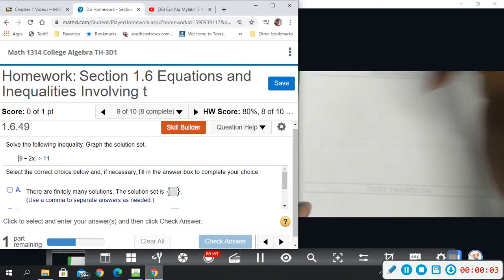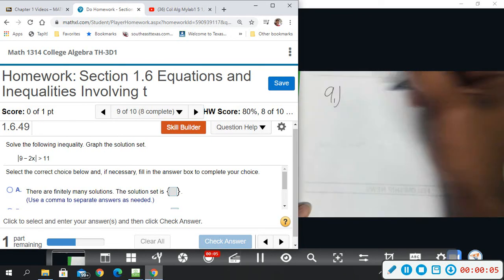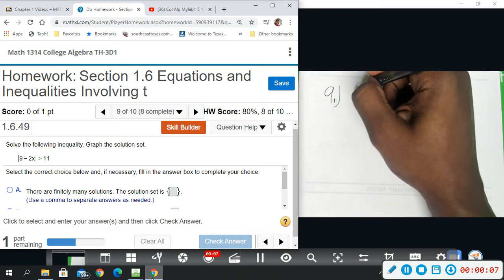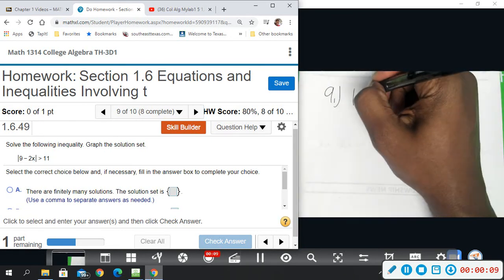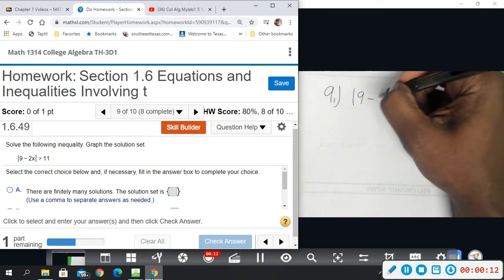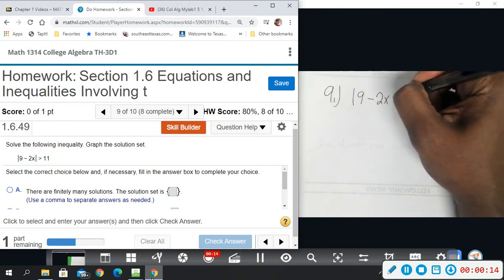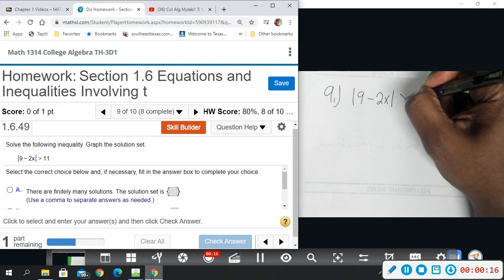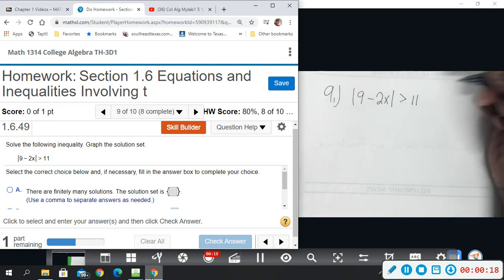Number 9, we're going to solve this inequality and graph it. We have the absolute value of 9 minus 2x is greater than 11, and it is equal to positive, so we're going to do 2 parts.